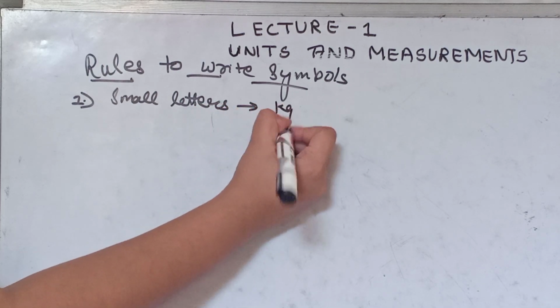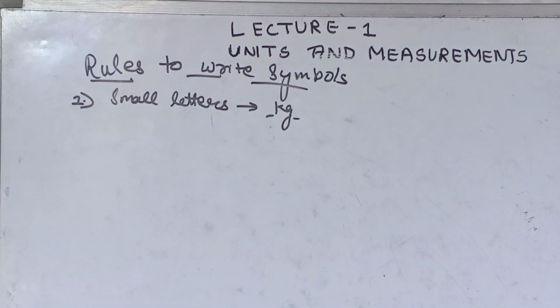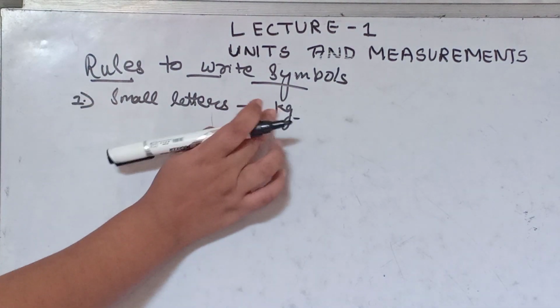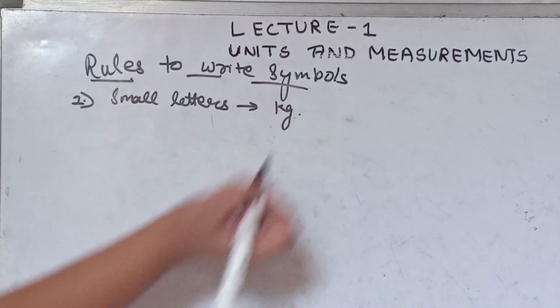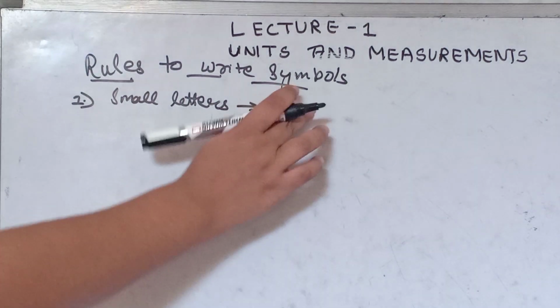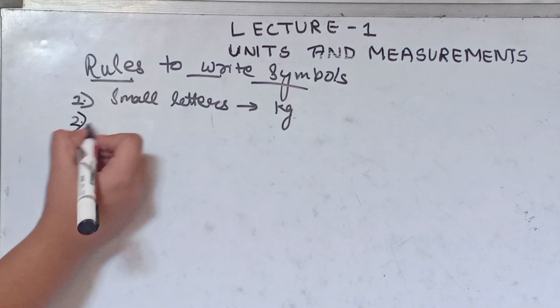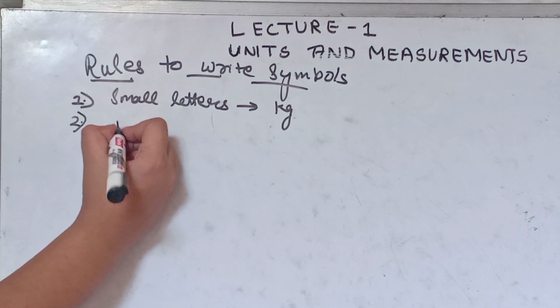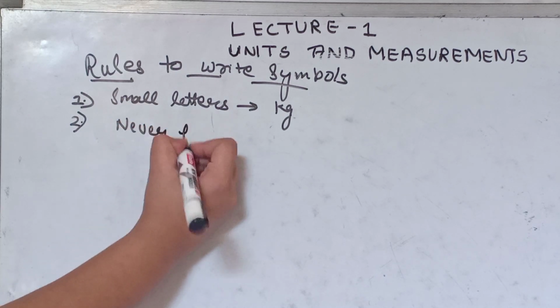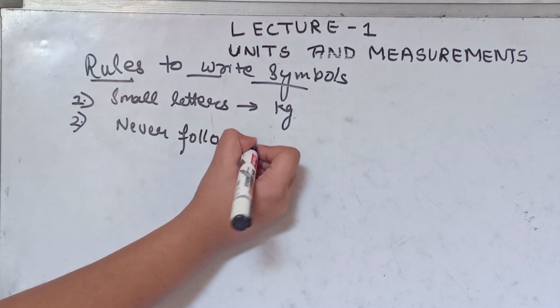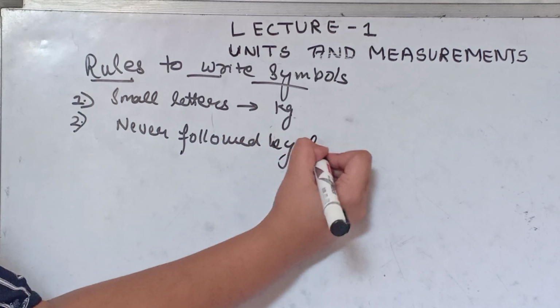For example, kg. Both K and G are small. And we are not supposed to write it like kg followed by a full stop. These symbols are never followed by full stop.